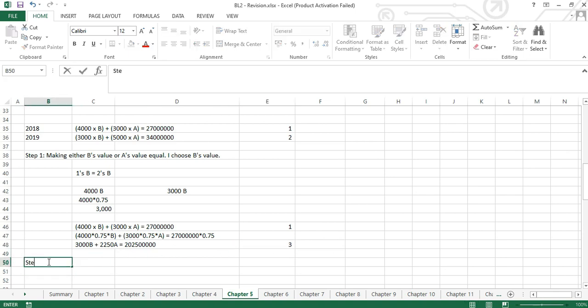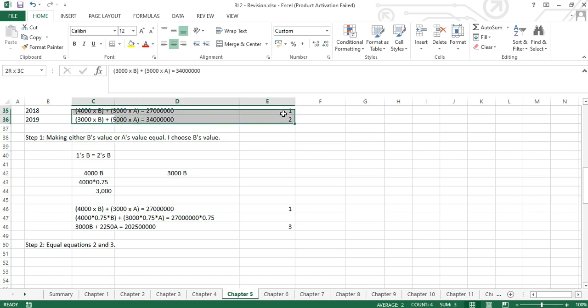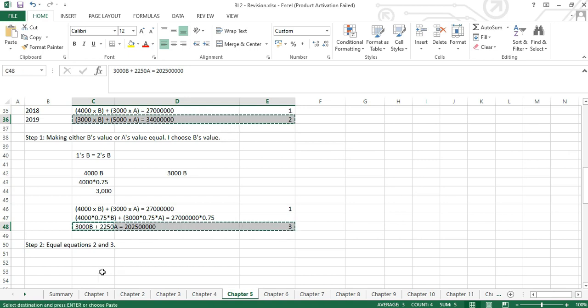Let's go to the second step where we equate equations 2 and 3. Because we made the first equation's B value equal to the second equation's B value, now we have to compare the second equation with the third equation.